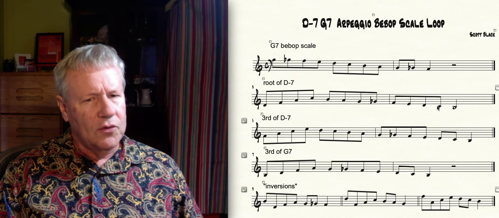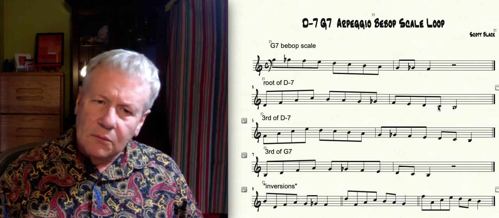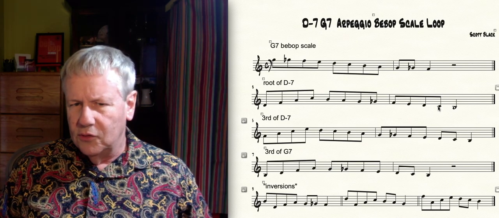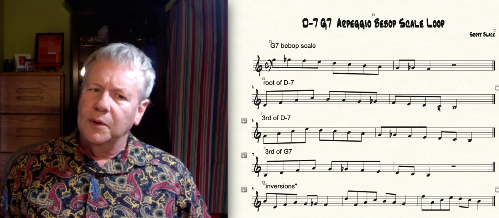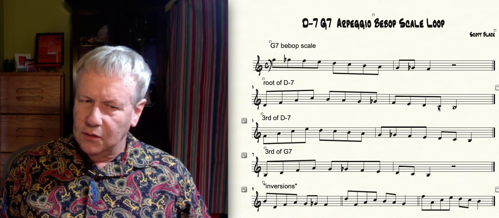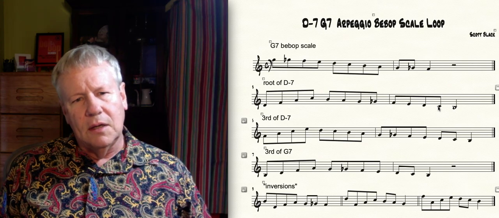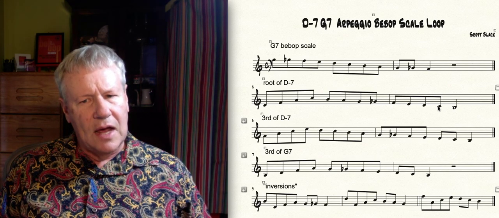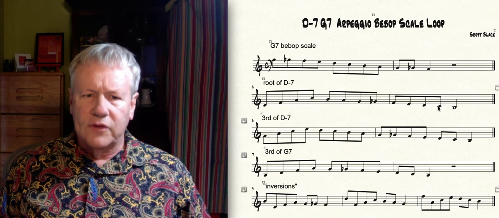The second most commonly played arpeggio, based on looking at solos by Charlie Parker and all the people that use this language, is from the 3rd to the 9th of the minor chord. And the next most commonly played arpeggio is from the 3rd to the 9th of the dominant chord.